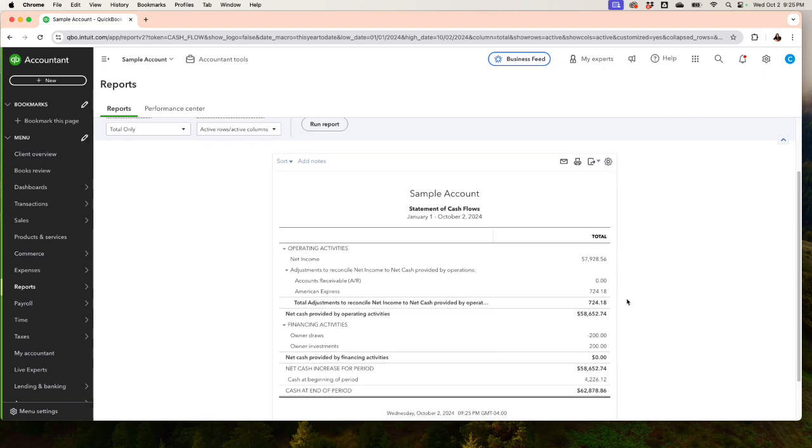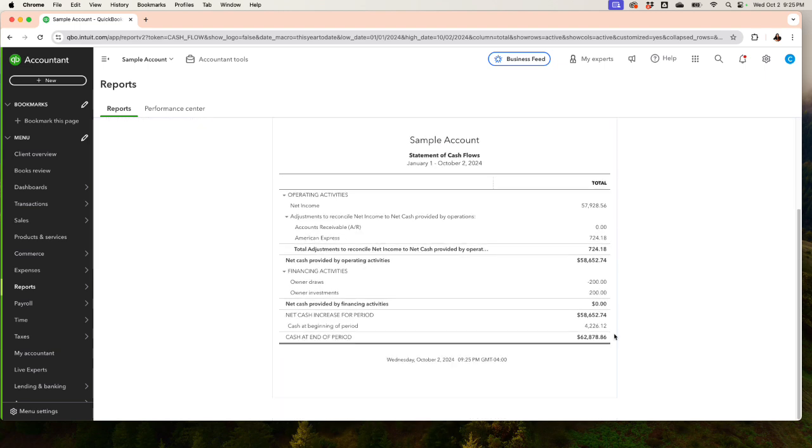This is where you can see the net increase or decrease for the period and the cash at the beginning of the period. The other report, if you do it by months, will only show you the increase each month. It doesn't show you the cash at the beginning of the period. All right, so this is the statement of cash flow.